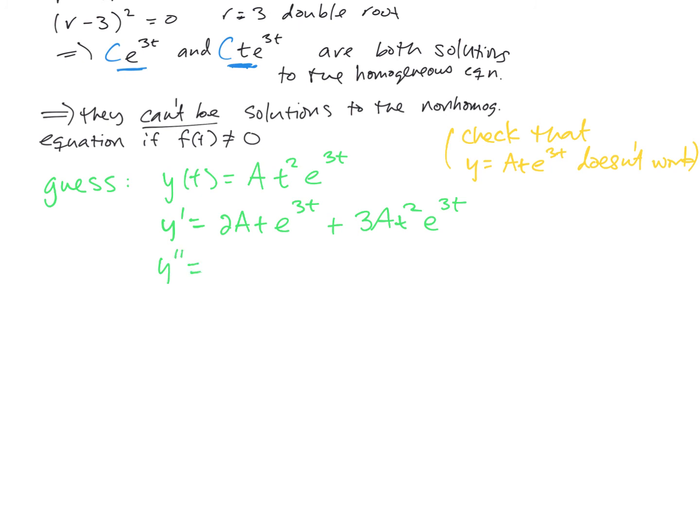For y double prime, again product rule, so this is going to get a little bit gross: 2a e to the 3t plus 6a t e to the 3t plus 6a t e to the 3t plus 9a t squared e to the 3t.